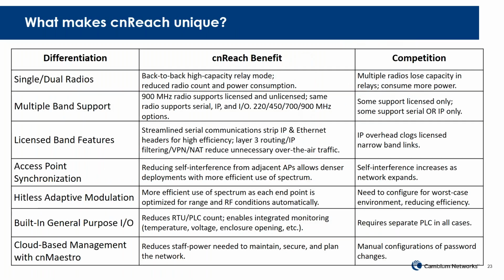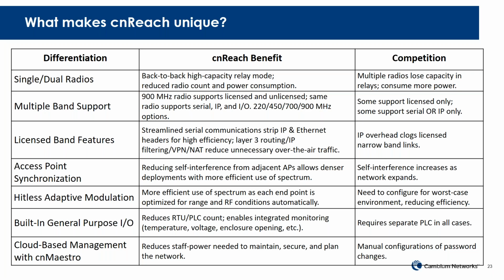So finally, just as a summary, what makes CNReach unique? I touched on a number of these items: single and dual radios, the ability to do that back-to-back repeater capability, multiple bands are supported. We talked about access point synchronization, adaptive modulation, and then one of the things that's very unique is the ability to do built-in general purpose I/O.